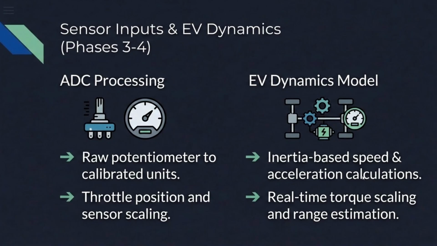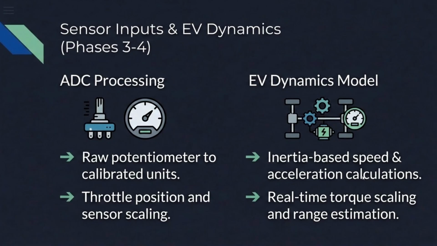In the other phases, the sensor inputs and EV dynamics, raw sensor values cannot be used directly because they are simply voltage readings. The ADC converts these analog voltages into digital numbers. These digital values are then calibrated into meaningful engineering units like speed, throttle position, and battery percentage.